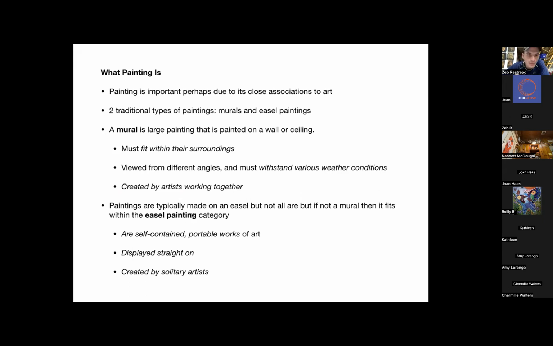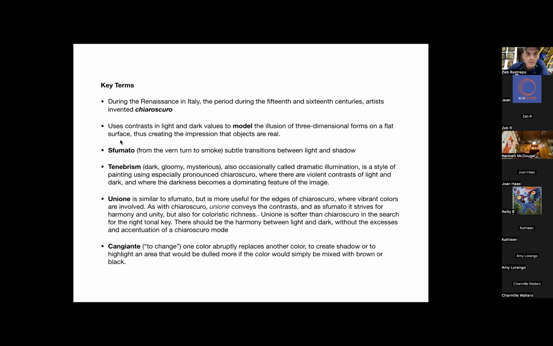But nonetheless, easel painting is technically made by just a solitary artist, and it's displayed straight on, is self-contained. Some key terms that we'll talk about are chiaroscuro, sfumato, tenebrism, unione, and cangiante, which are usually known in the High Renaissance, developed by different artists.